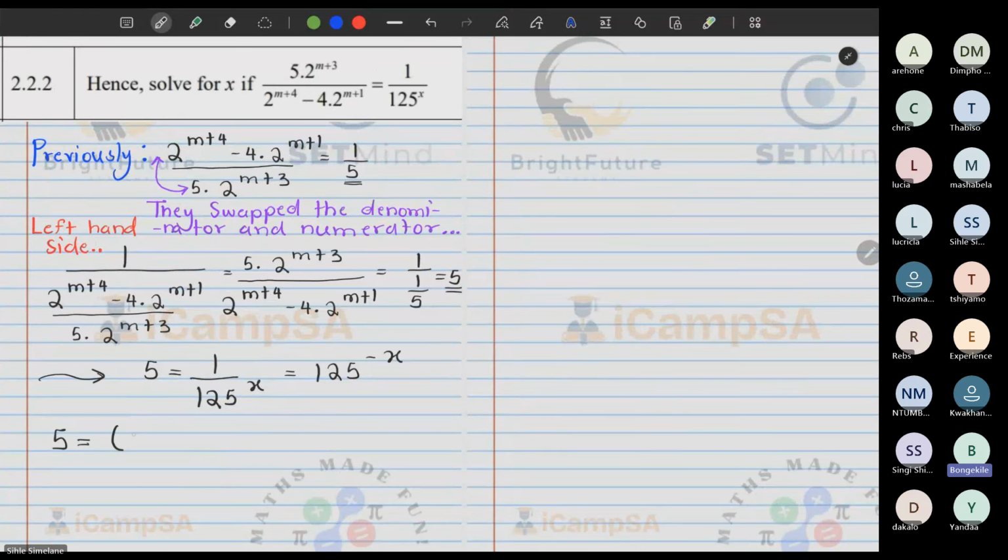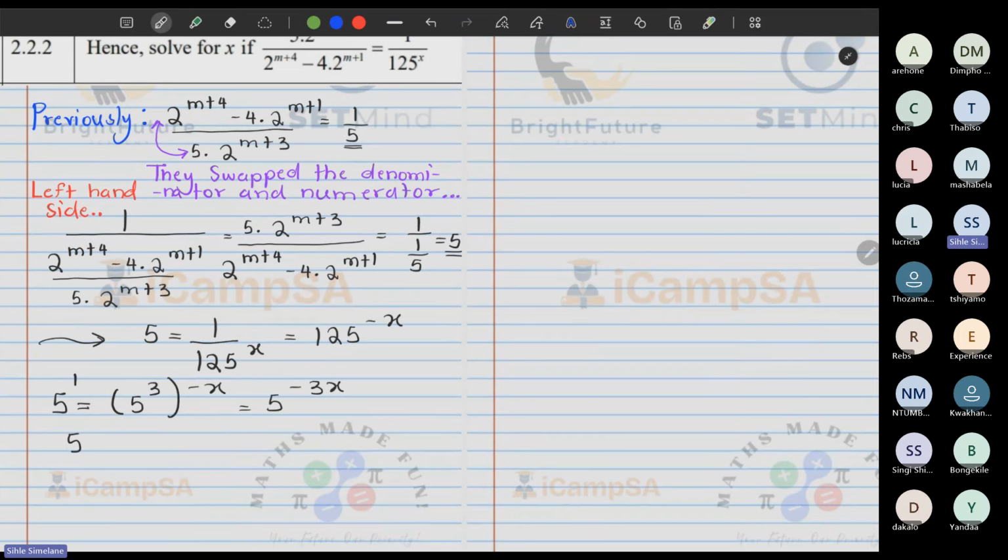So you're going to say 5 squared... 5 to the exponent of what? 3x. Yep, so let's put 3 first and then put the minus x. And then when we multiply, we get 5 to the minus 3x. Remember, the other 5 is to the power of 1.